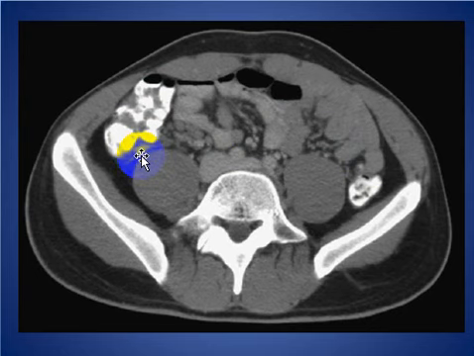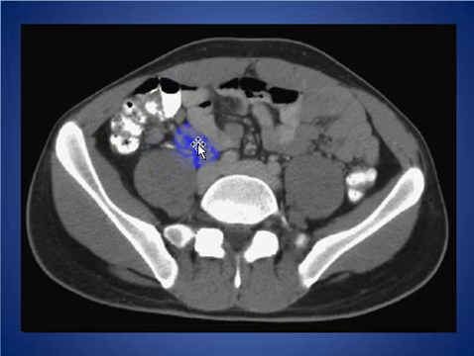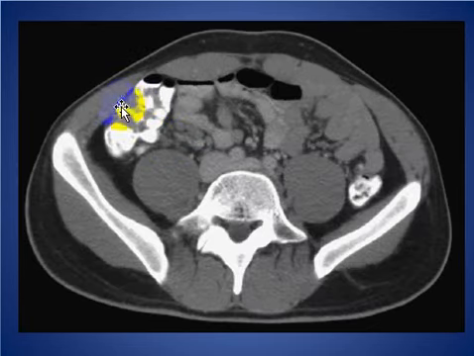Normal appendix filled with contrast, and there are multiple small enlarged mesenteric lymph nodes in the right lower quadrant. And also here, this is the cecum and this is the appendix and a small enlarged lymph node in the right lower quadrant. As we see here, there are no inflammatory changes around the cecum.